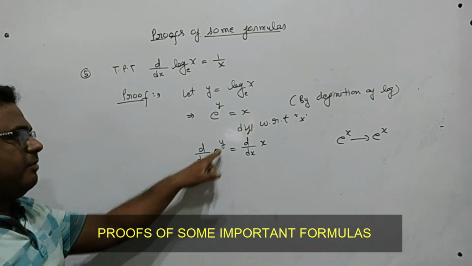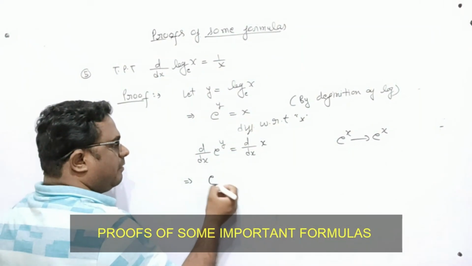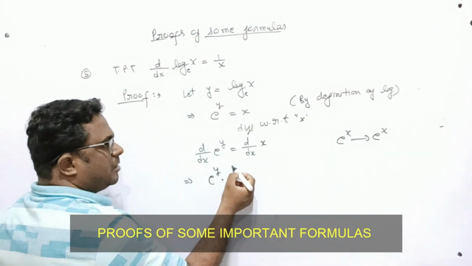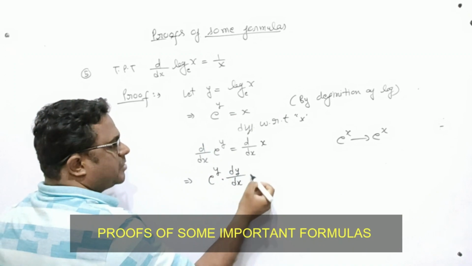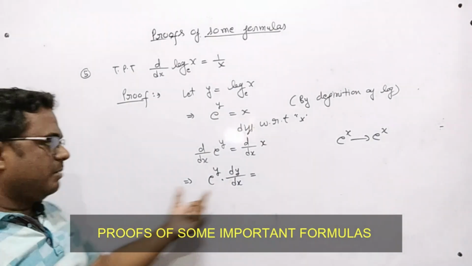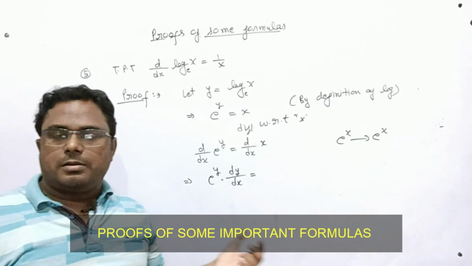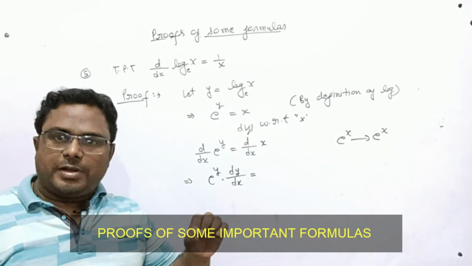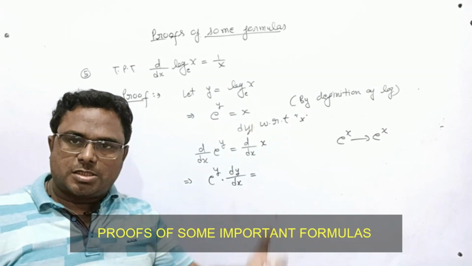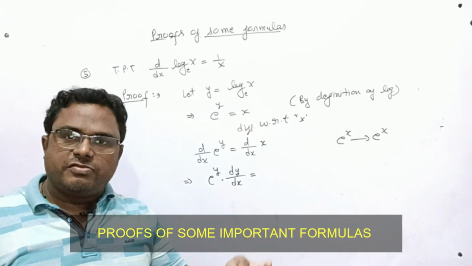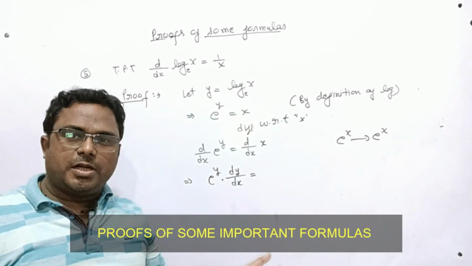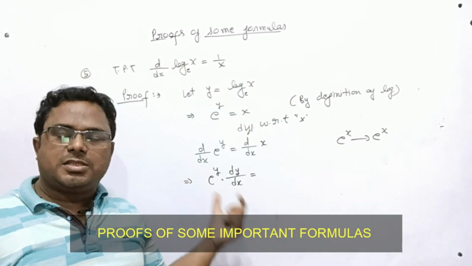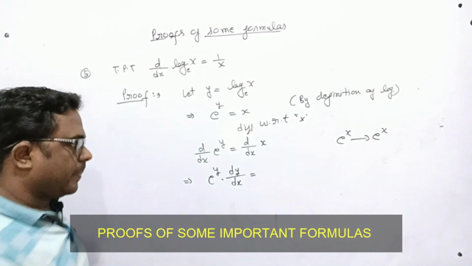In the same way, derivative of e^y will be e^y, but we will apply the chain rule here, so dy upon dx will also come. I use the chain rule here, but I have not told you about the chain rule yet. I will explain the chain rule at the end of this video. After that, you can revisit this step, and then these steps will be more clear to you.